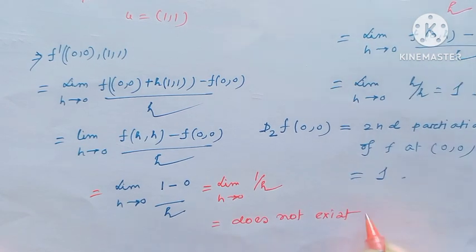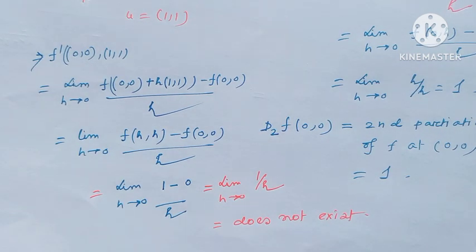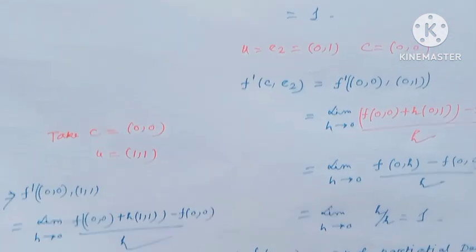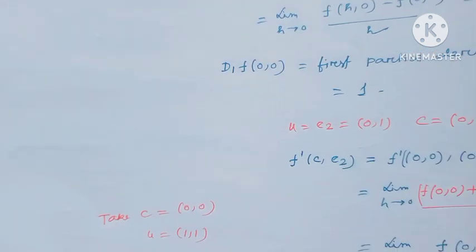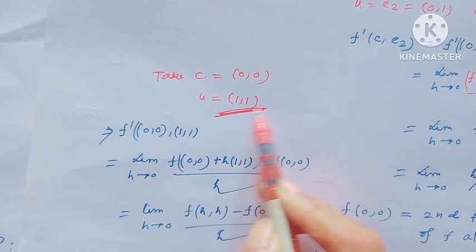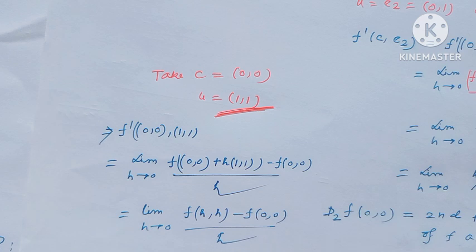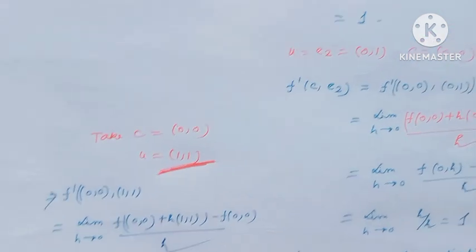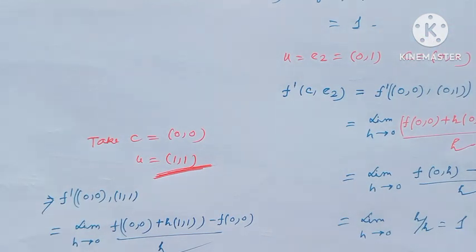I hope all my viewers have understood this clearly. Notice that in this question all partial derivatives exist, but the directional derivative does not exist in all directions, because in this direction the directional derivative does not exist.